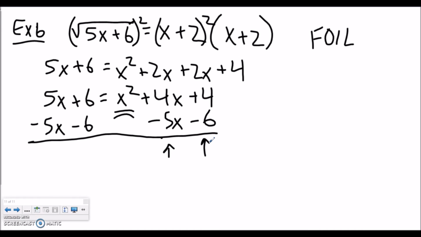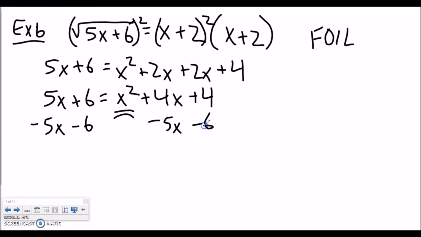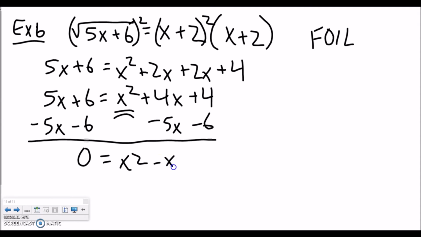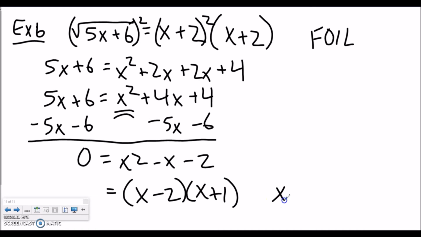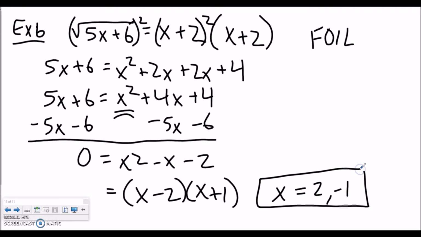Hopefully that will help eliminate the possibility of mistakes. So 0 equals x squared minus x minus 2. By now we should see that that's going to factor to x minus 2, x plus 1. So x equals 2 and negative 1.